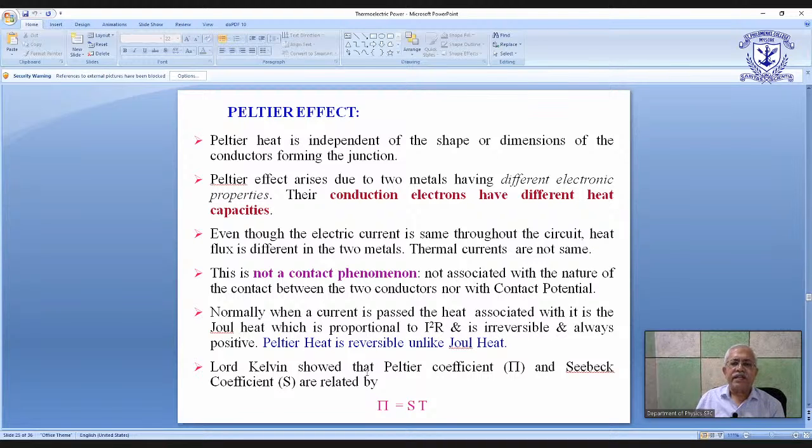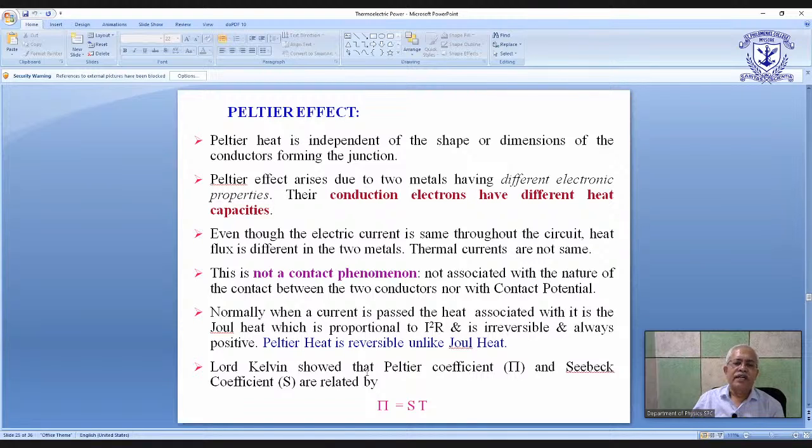Even though the electric current is the same throughout the circuit, the heat flux is different in the two metals. So the previous statement implies what I'm reading out now. Because the heat capacities are different, it follows that the heat flux will also be different in the two metals. Since the heat flow is different in the two metals, a net heat flow will result, either to the junction or from the junction.